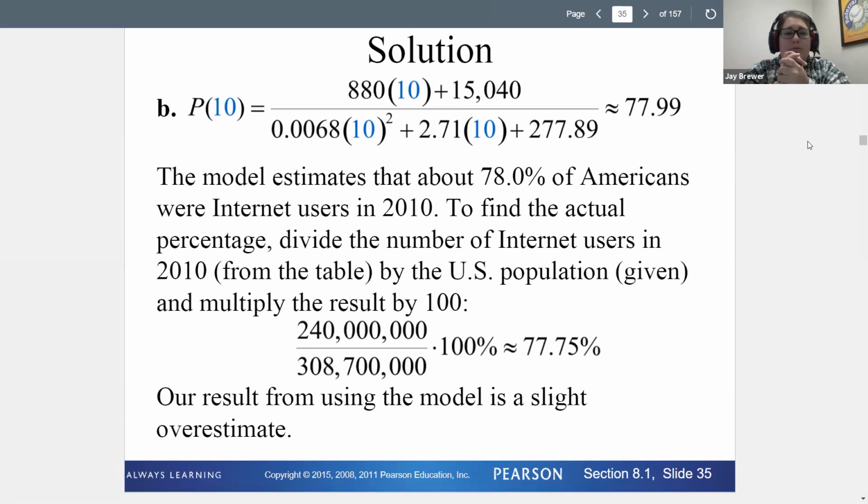But anyway, as I was saying, you're going to plug in 10 for T. You'll go through and find that they rounded. The important part when you're talking about application-based problems is you can't just say, oh, the answer's about 78%.